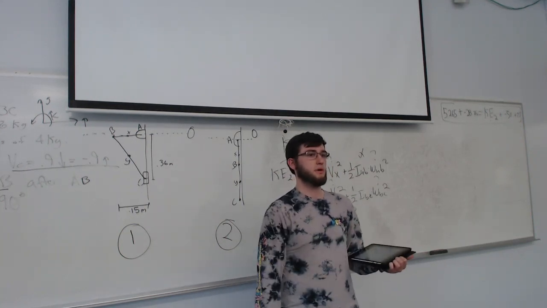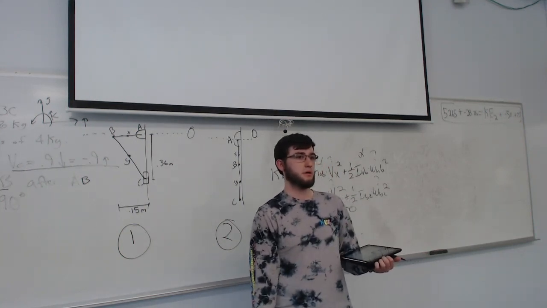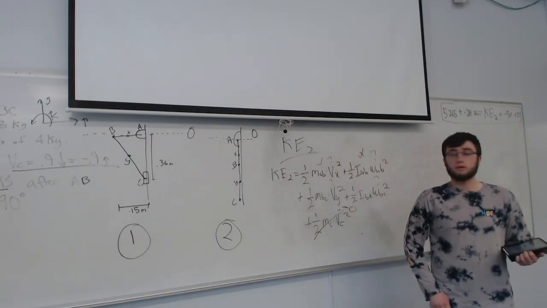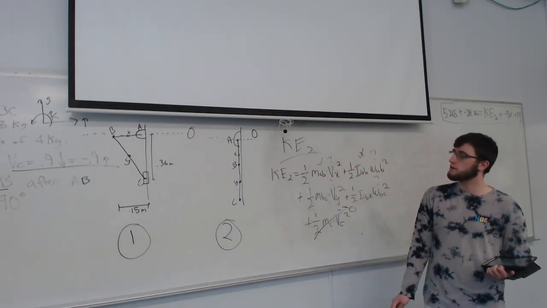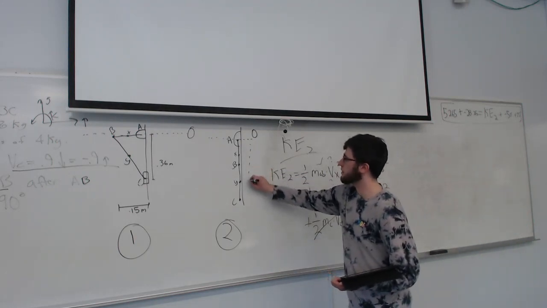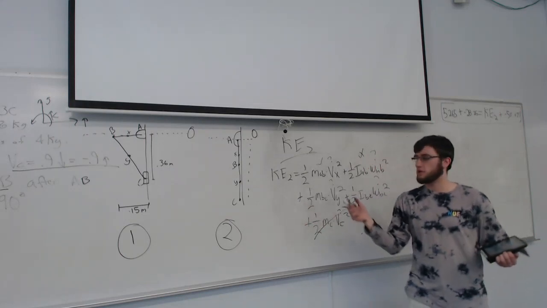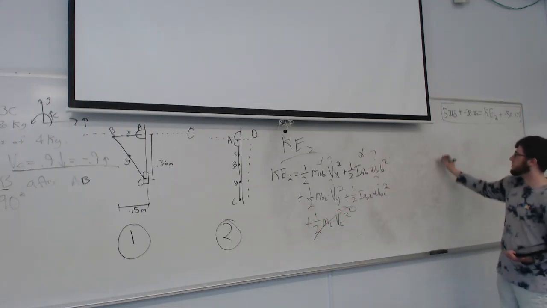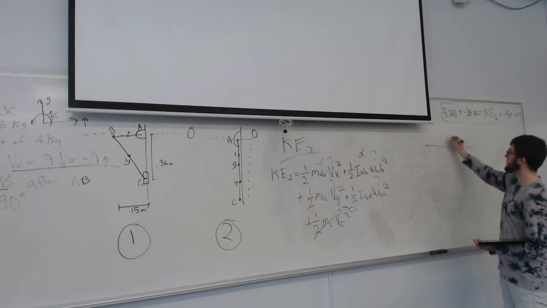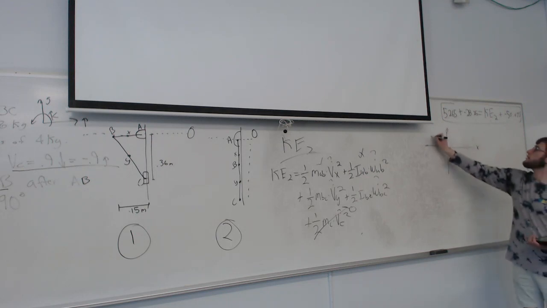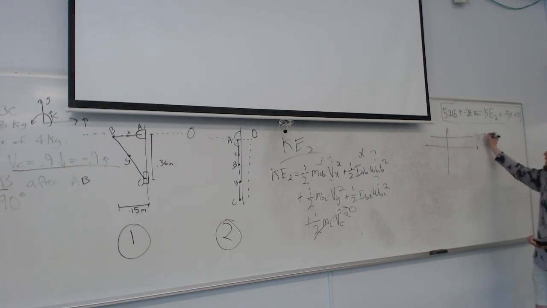I just had a question about where you mark 0. Can you mark 0 on the y-axis in line with the whole system or no? You mean like this way? No, because if I say this is x and this is y, this line right here would be y equal to 2.